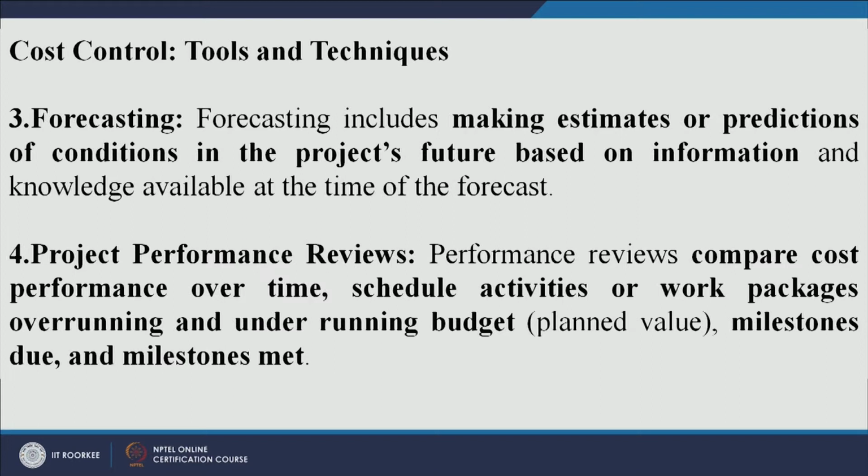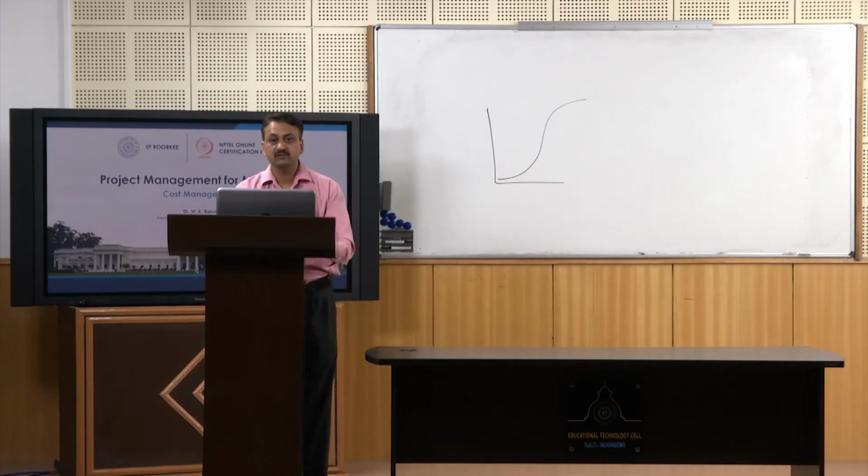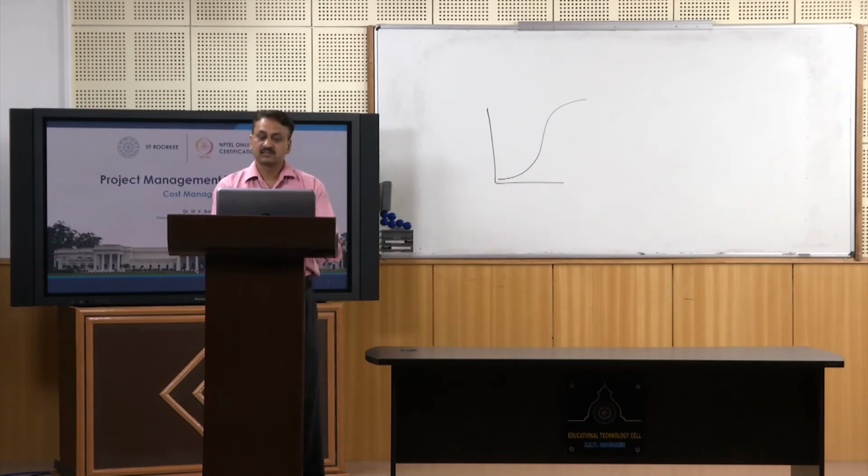So, we have seen two methods. The first one was the documentation needed to change the cost baseline, and the second one is the earned value technique. Let us look at the third one, forecasting.